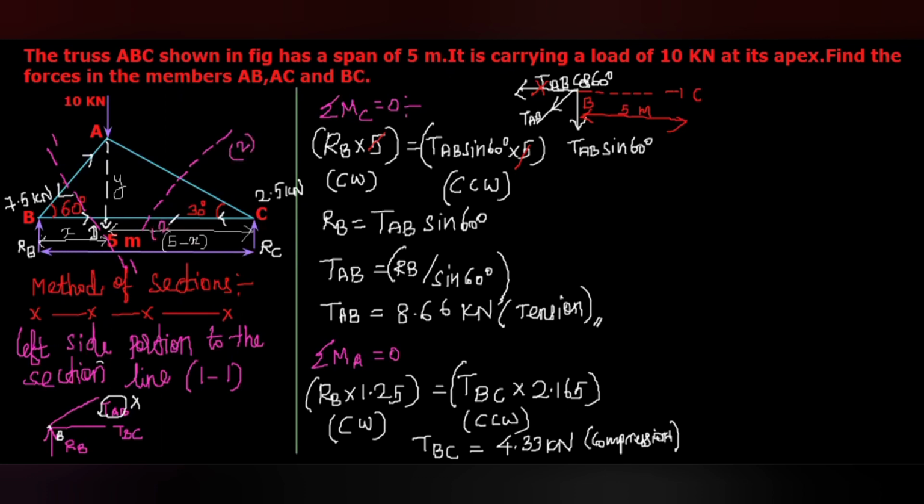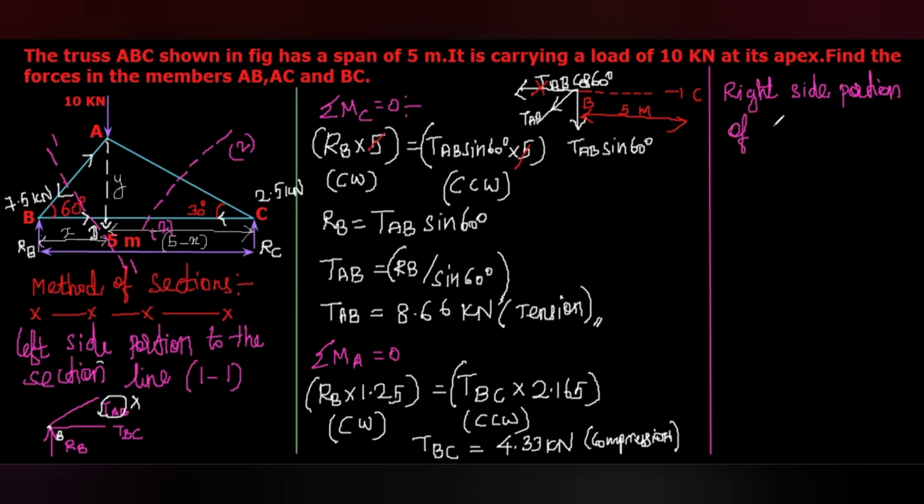Here there are two portions for section line 2, the right side portion and the left side portion. The right side portion of section line 2 is the considered portion.